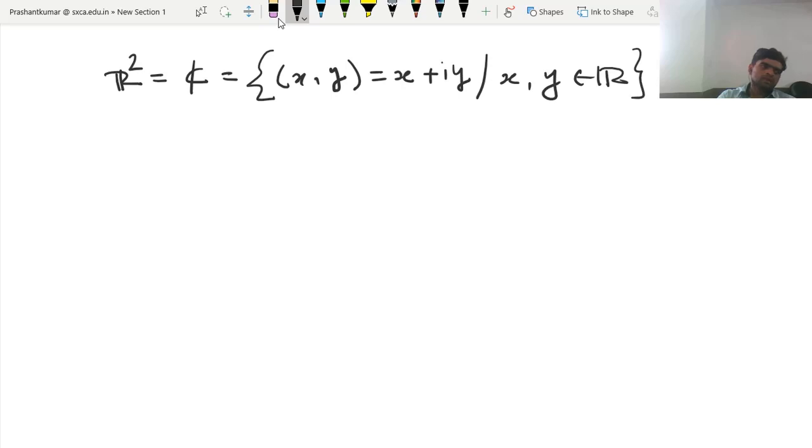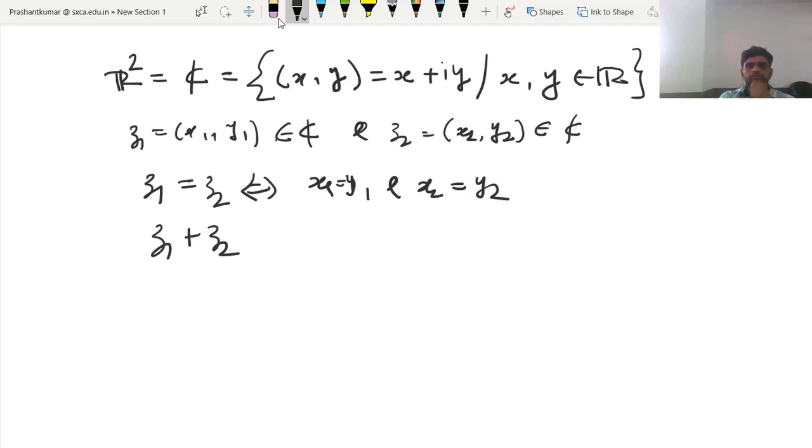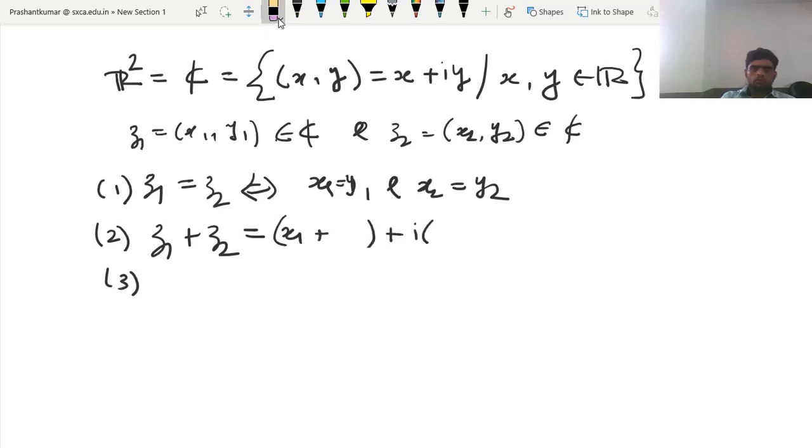The first rule: consider two numbers z1 equal to (x1, y1) belonging to C and z2 equal to (x2, y2) belonging to C. Then z1 equals z2 if and only if x1 equals x2 and y1 equals y2. Rule number 2: z1 plus z2 we define as (x1 plus x2) plus i(y1 plus y2).